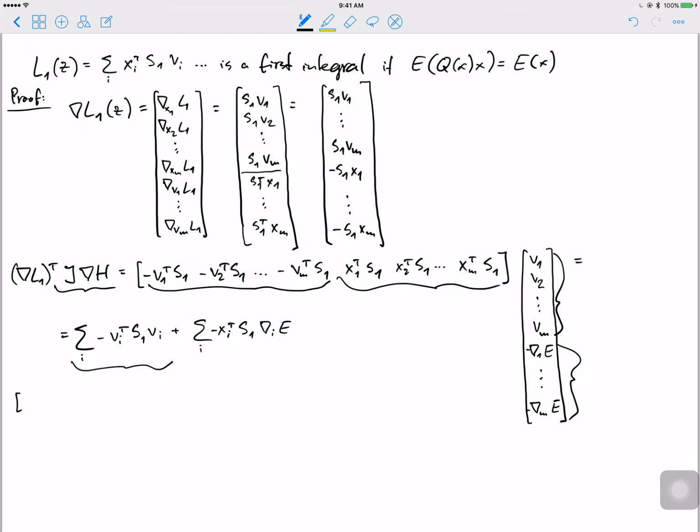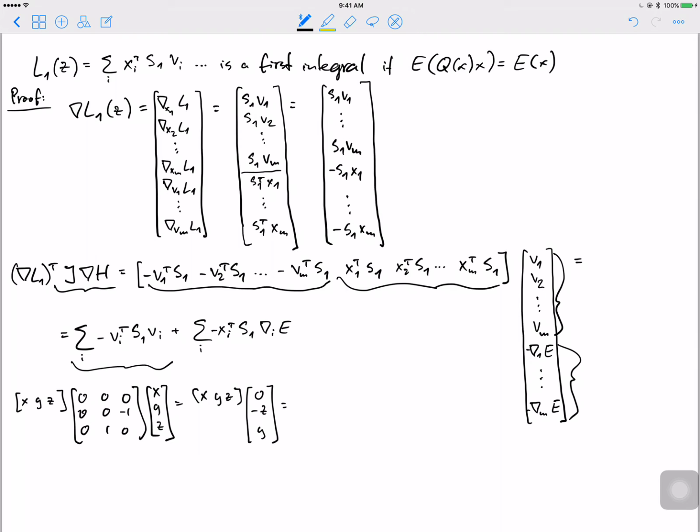If I have, let's call it x, y, z, then I have the S matrix, which looks like 0, 0, 0, 0, 0, minus 1, 0, 1, 0. And then I have the same x, y, z here. If you just do this, then you will see it's x, y, z times 0, minus z and y, right?